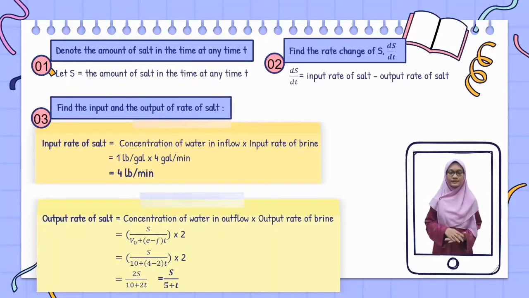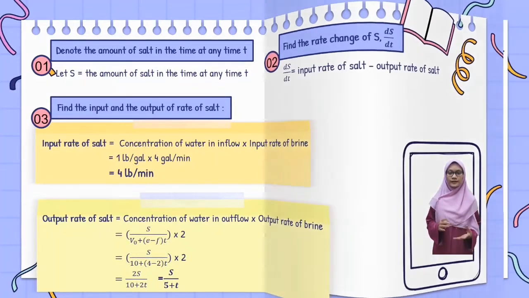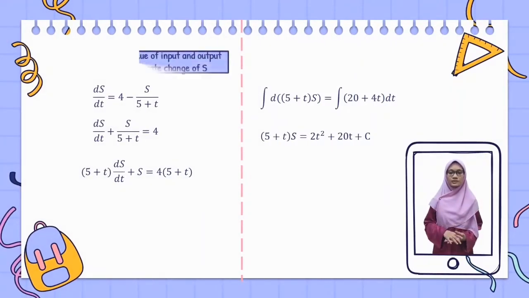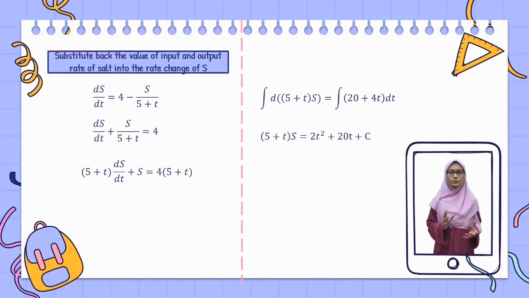After we get the input and output rate of salt, we substitute back into the rate of change of S. After that, we multiply both sides by the integrating factor, which is 5 plus t. Then, we simplify it.